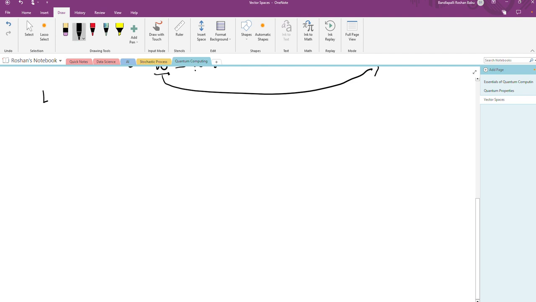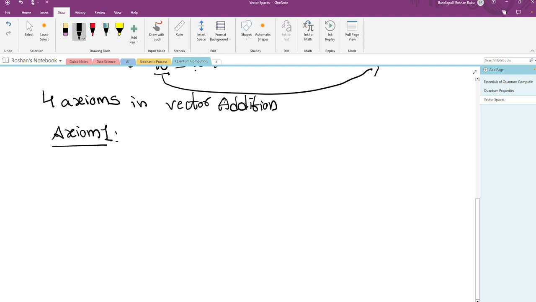Okay, there are four axioms in vector addition. First, axiom 1, associativity.